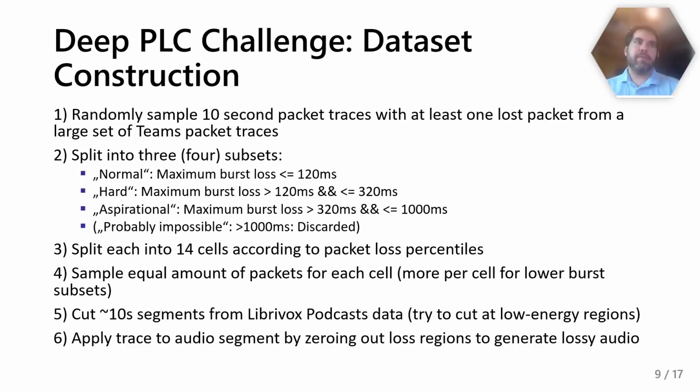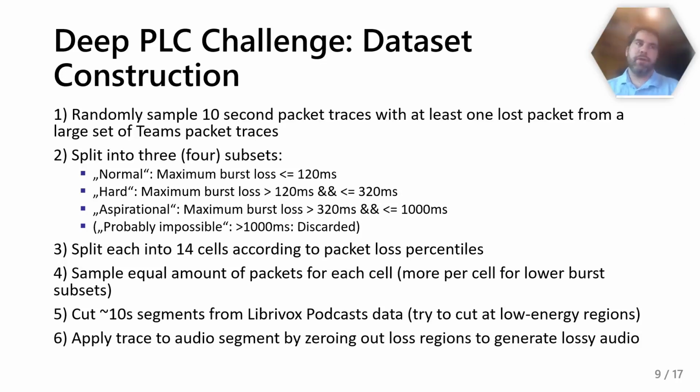So we just randomly sampled 10-second traces out of these large traces, each of which had at least one packet lost, split them into subsets that are different levels of hard. One normal, where the maximum burst packet loss is less than 120 milliseconds, a hard one where it's 120 to 320, and an aspirational set where it's 320 to 1000.